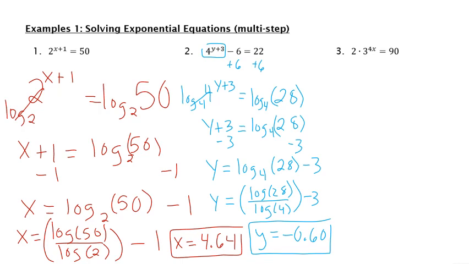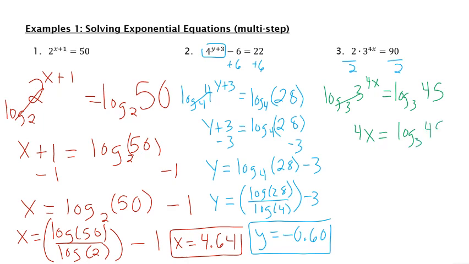And then for our last one in this set, we're going to do the same thing. I'm going to go ahead and isolate my base first. Take the log base 3 of both sides. And then I'm going to put a parenthesis around that 45.